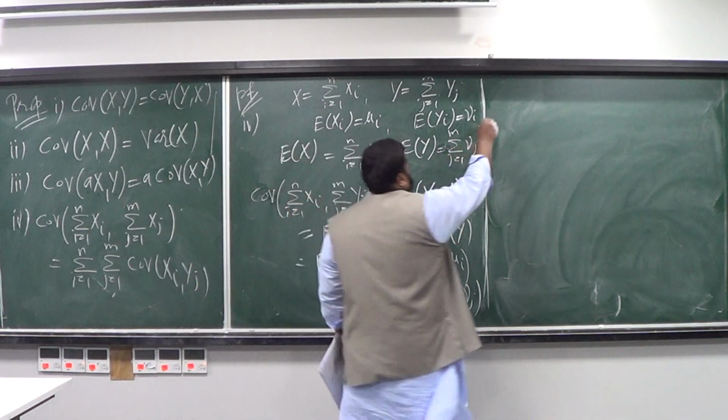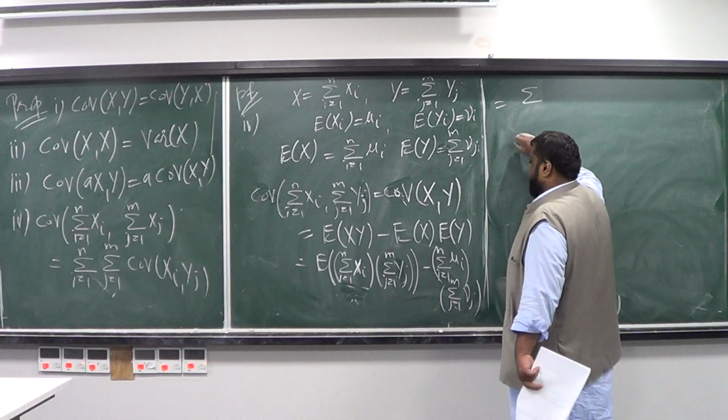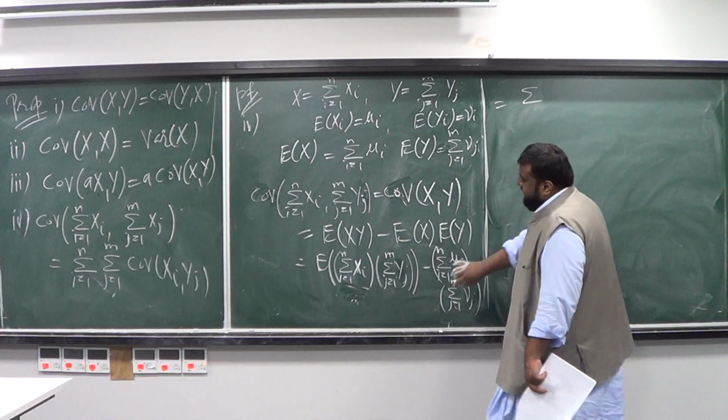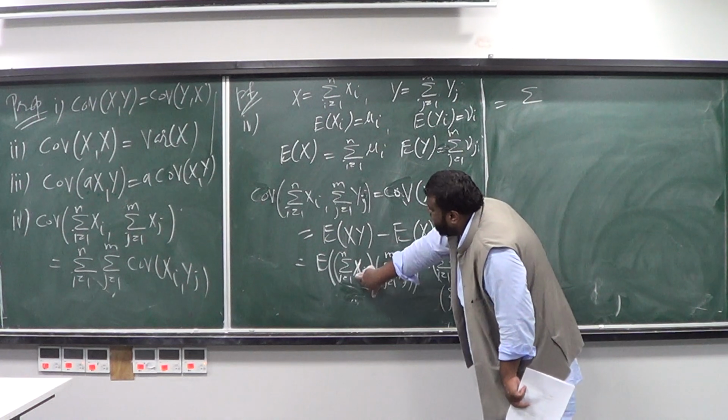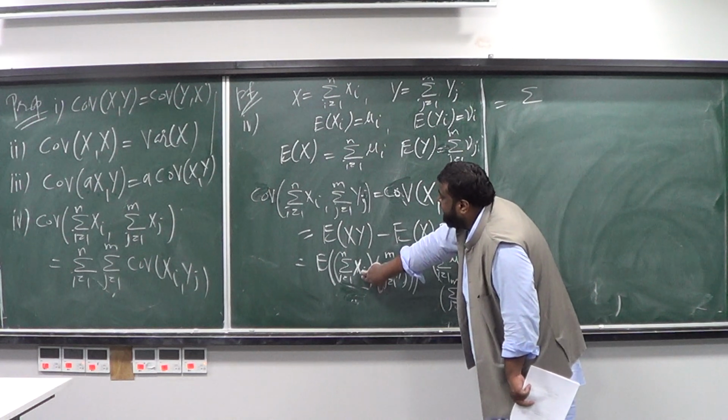So you're going to get what? Or I can take, for example, this term and multiply with each term of the Xi.